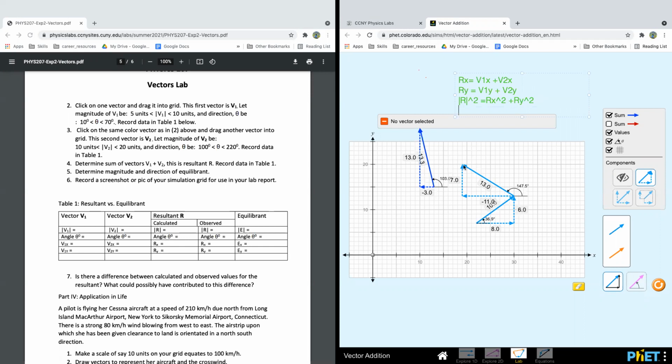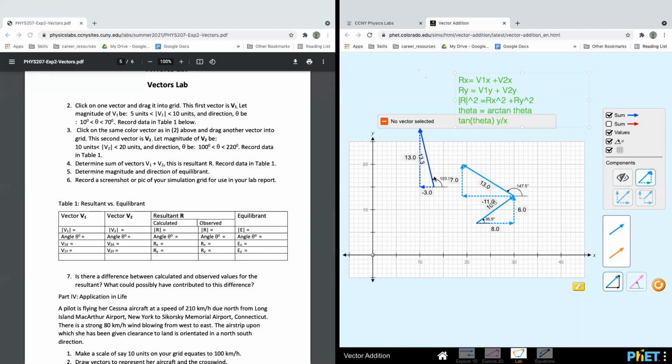So we say tangent theta equals y over x.